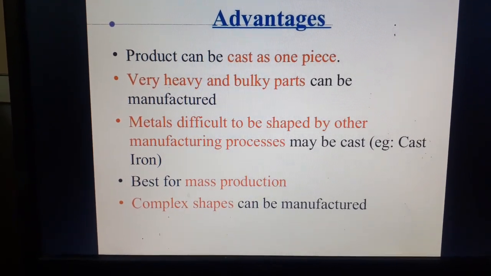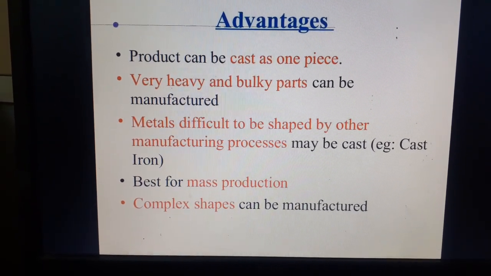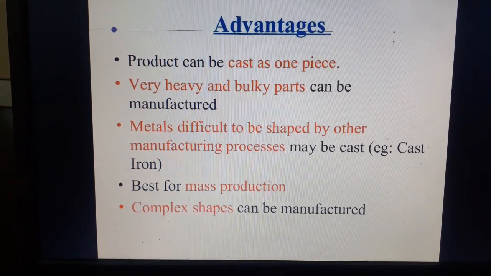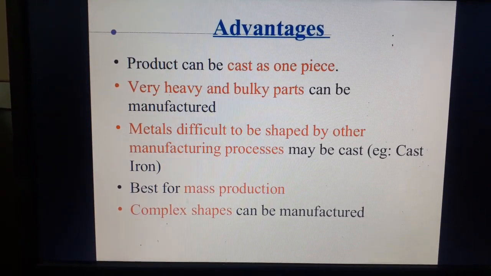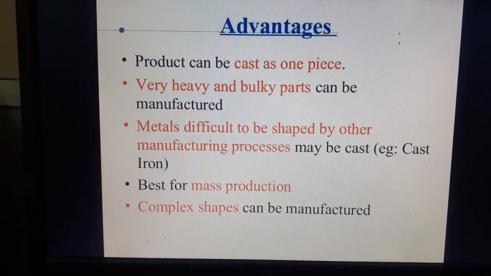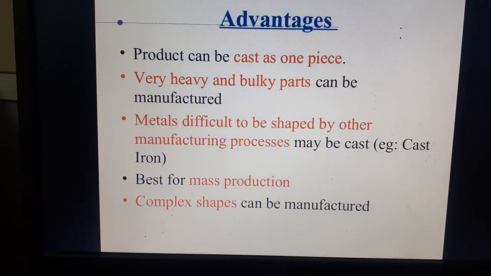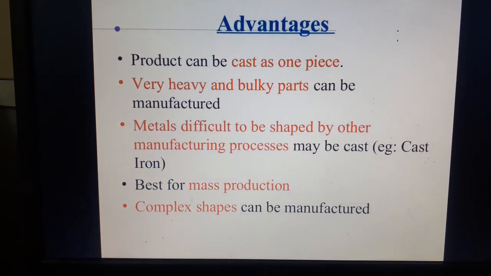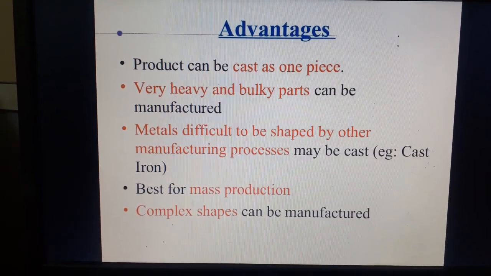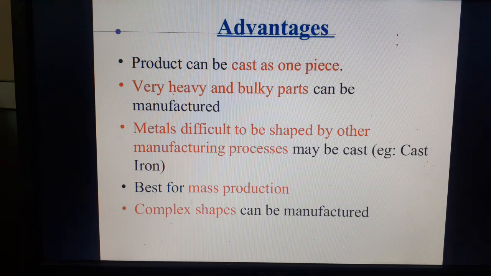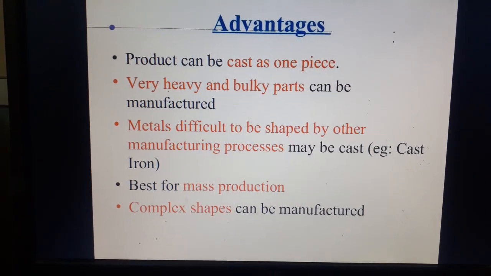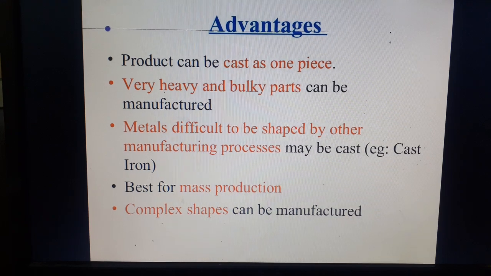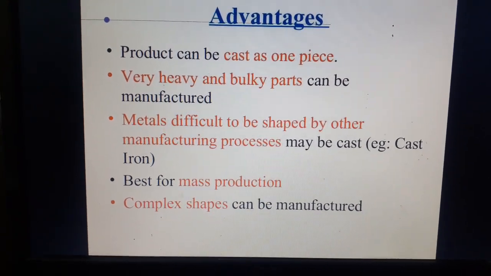So what are the advantages of casting? Why do we have to use casting? As we initially said, it is the fundamental manufacturing process. In our daily life we see many objects which are cast. The first advantage is the product can be cast as one piece.